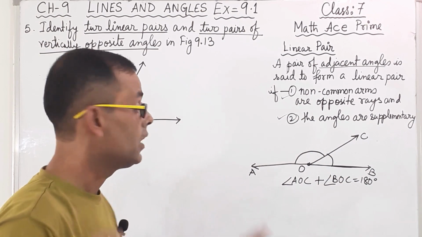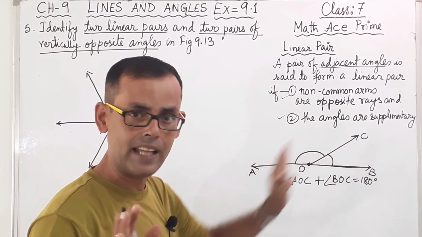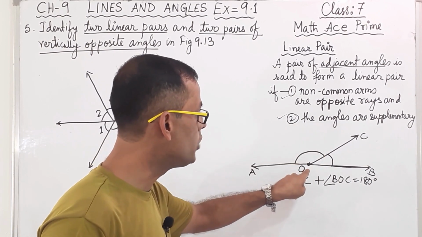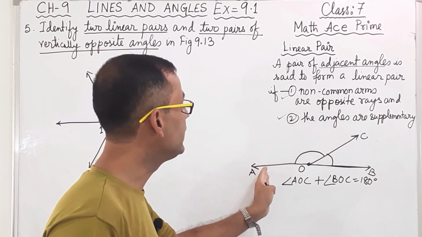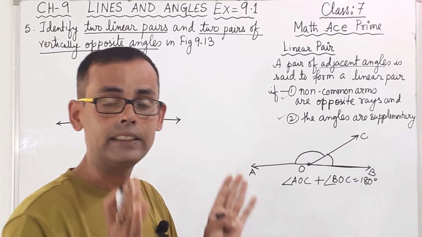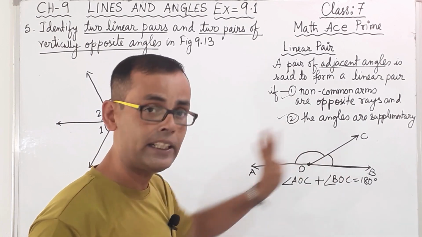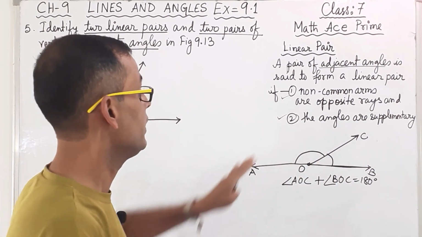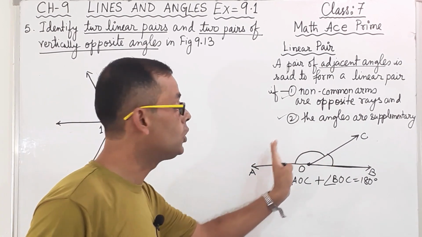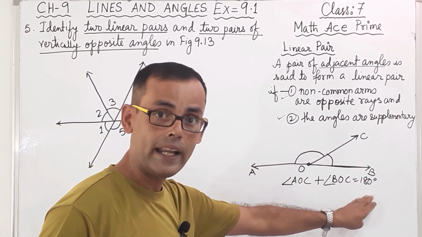That means these two angles are adjacent angles. Why? They have a common vertex, they have a common arm, and they have non-common arms also. So they are adjacent to each other. But the total of these two angles is 180 degree.